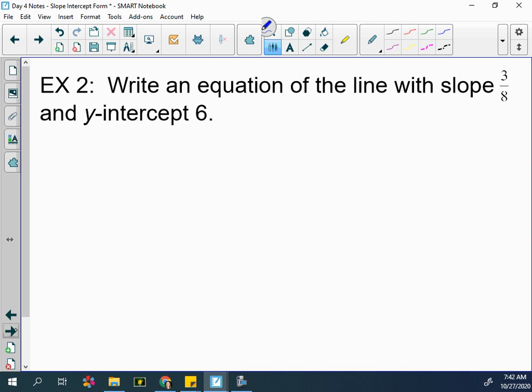On this one, I know we're in the slope intercept form section, but I don't necessarily say what format to put it in. But when I'm given the slope and given the y-intercept, it makes perfect sense to put it into the format with those two items.